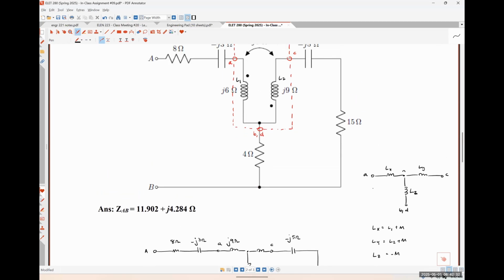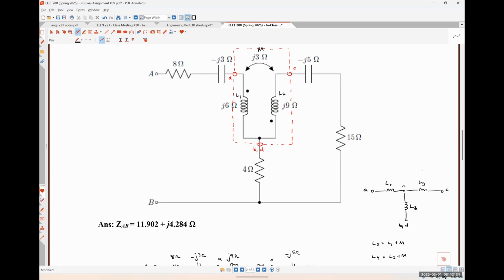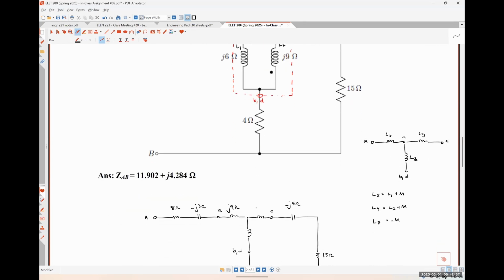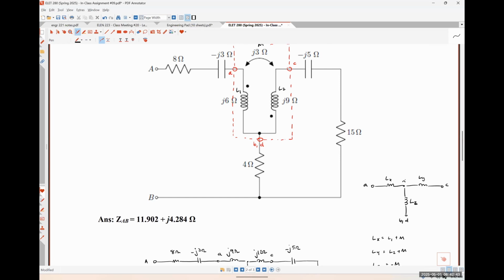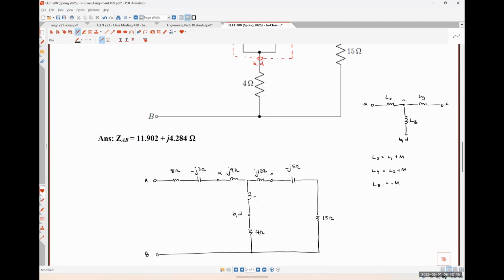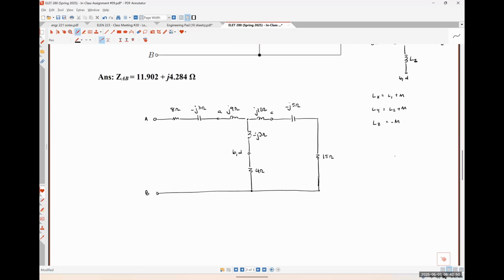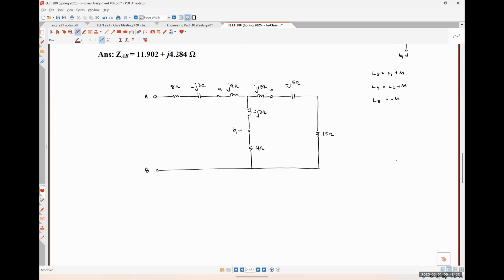For Ly, we're going to have J9 plus J3 is J12 ohms. And then for Lz, we're going to have negative times J3. So that's just minus J3 ohms, like so. And now we could probably simplify this network a little bit more if we were so inclined, because I see these 3 elements are simply now connected in series.